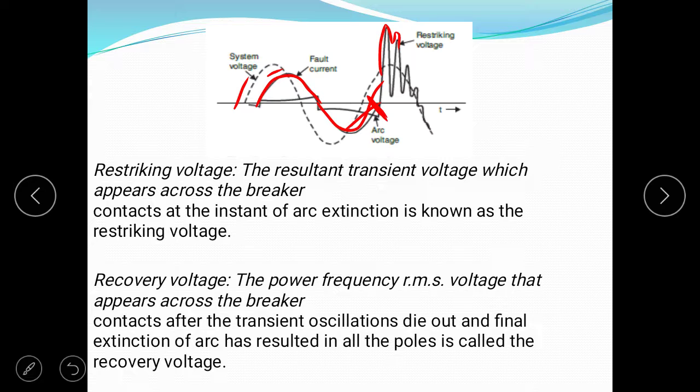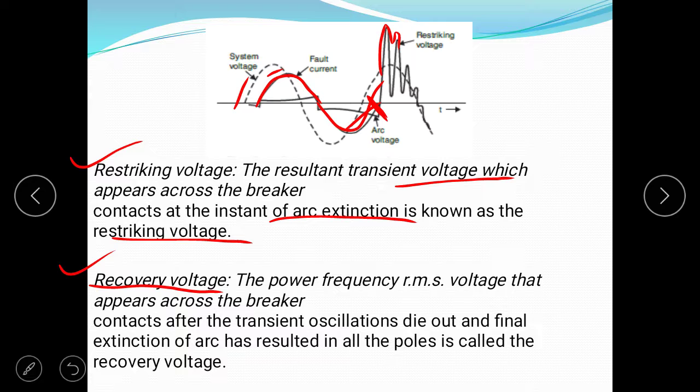The definition of restriking voltage is the resultant transient voltage which appears across the breaker contacts at the instant of arc extinction. Second is recovery voltage.